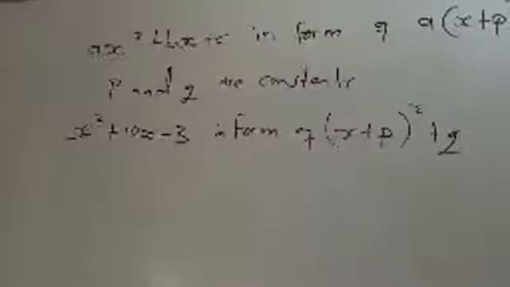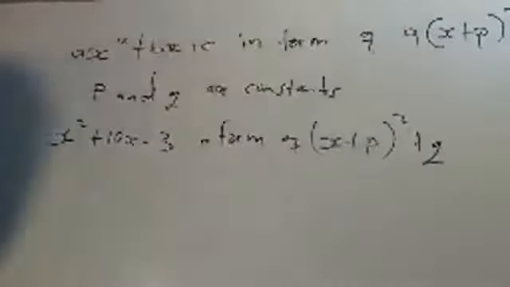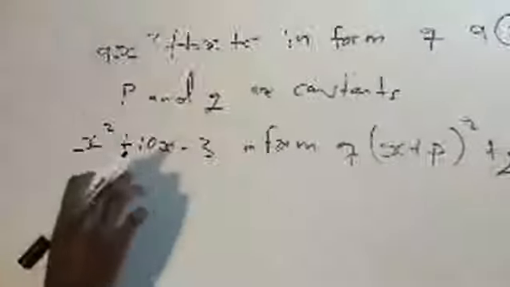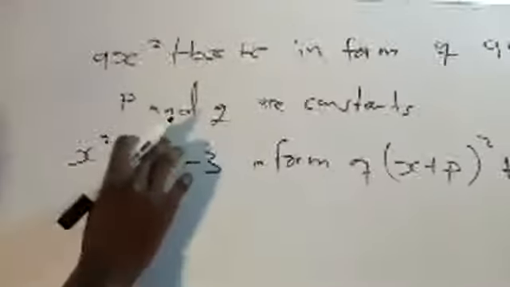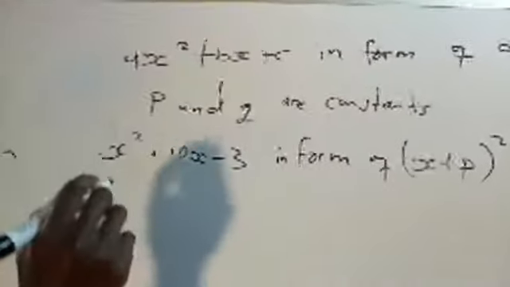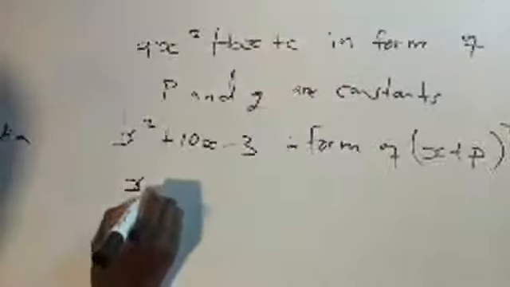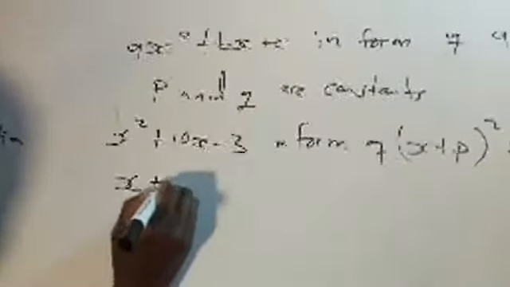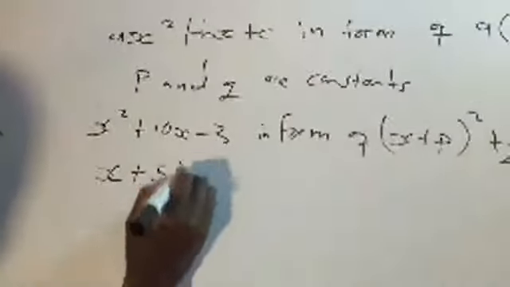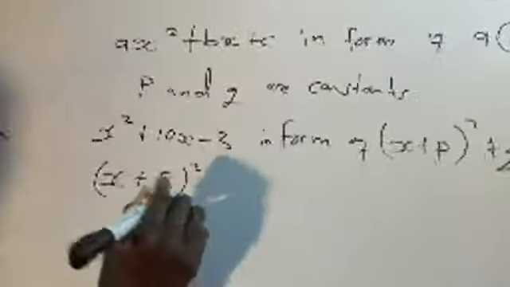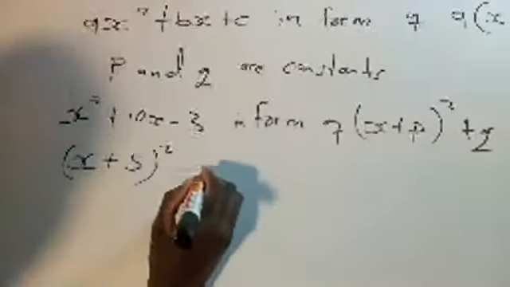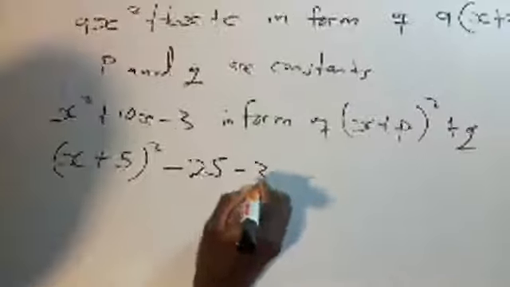When they give us a number like this, first of all, we take half the coefficient of x, which will become x plus 5 squared minus 25 minus 3.